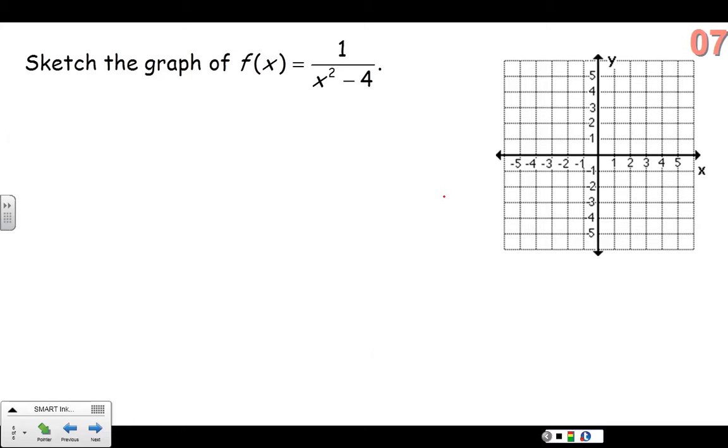Let's look at some asymptotes first and see if that gives us any idea how this is going to work. For the vertical asymptotes, we know it's the denominator, x squared minus 4 equals 0. x squared equals 4, so x would equal plus or minus 2. So we have two vertical asymptotes here. I'm going to draw those in at negative 2 and positive 2.